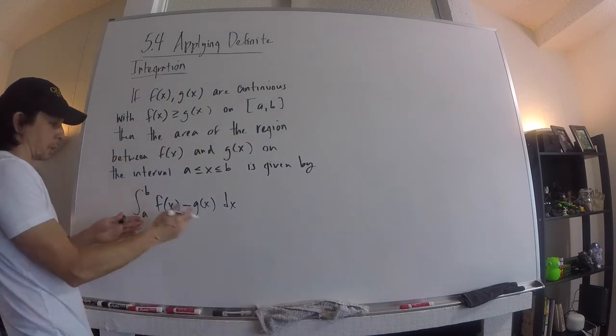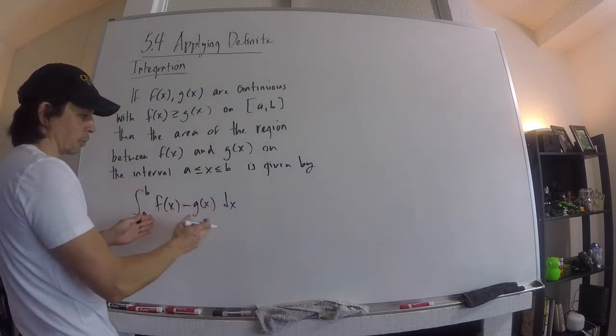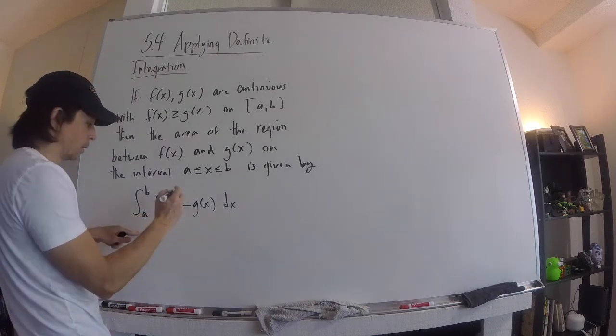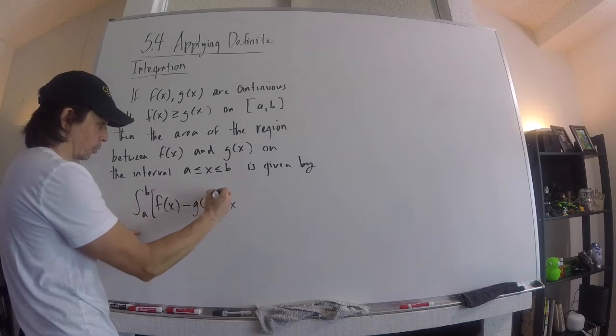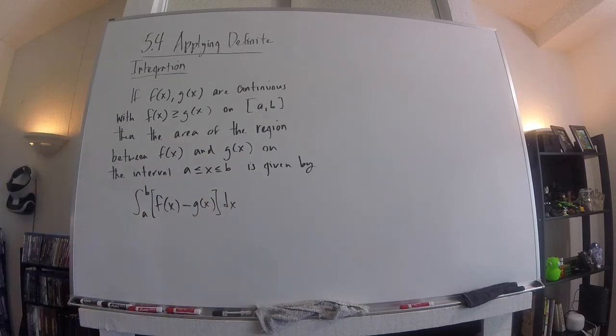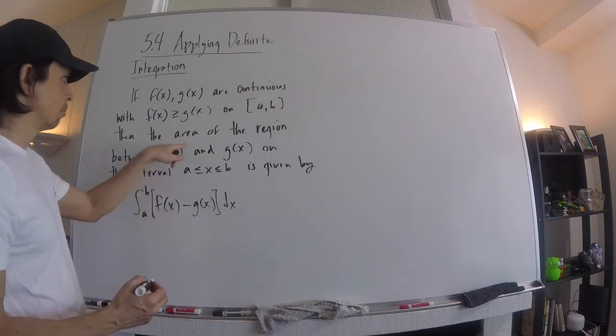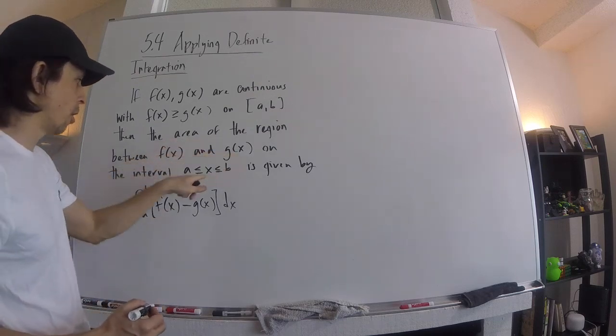The book uses brackets or parentheses whenever they have multiple terms in an integrand. Technically they don't need it because that caps off your integrand, but just so it's readable and follows the way the book writes it, I'll write it like that. That's going to be the area of the region between f and g on that interval.